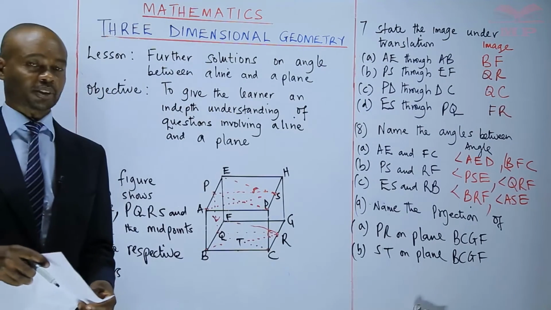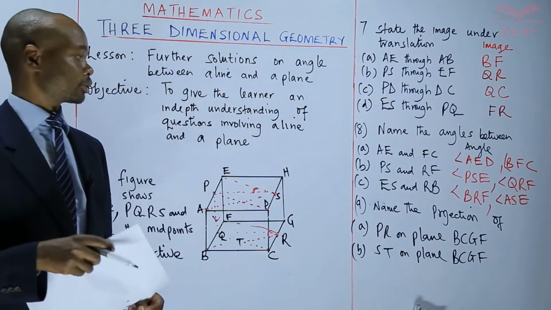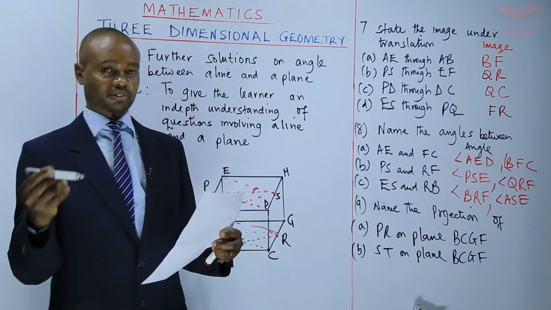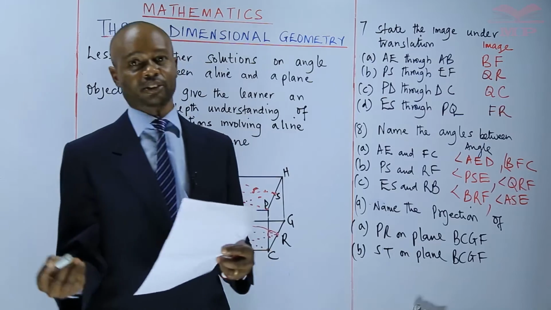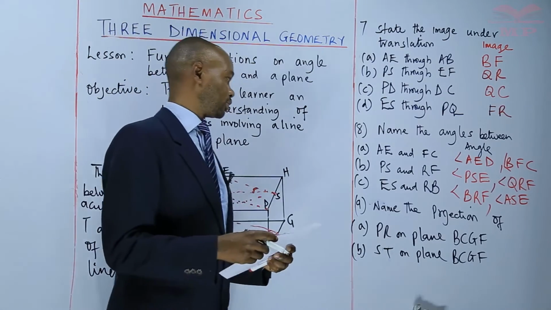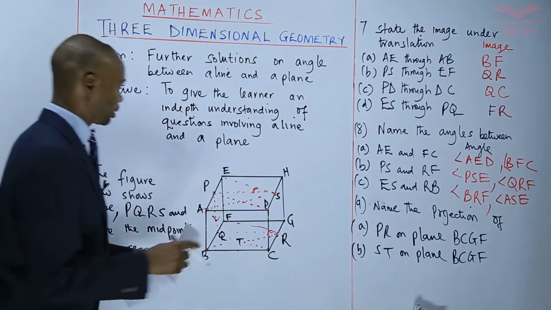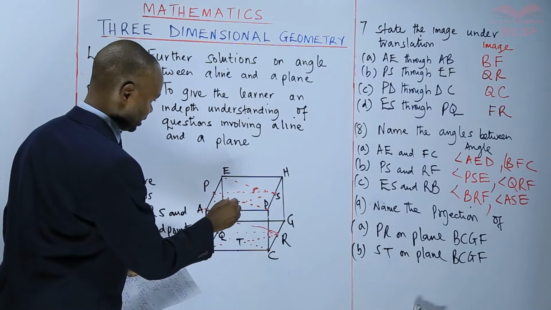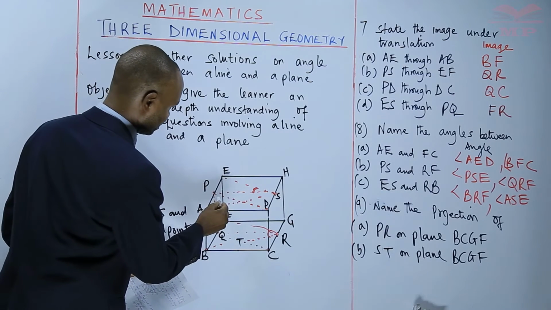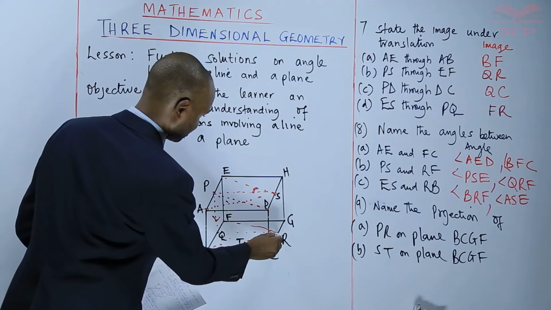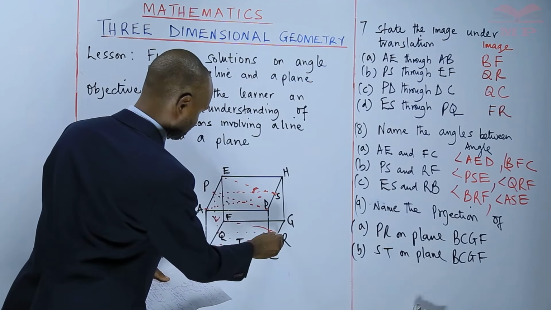So you go straight to what we have. I said a projection is something like a shadow, which we talked of in the initial lesson. So you go to PR, and you are projecting on BCGF.